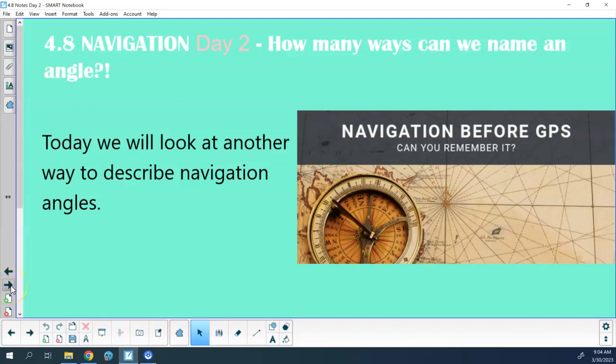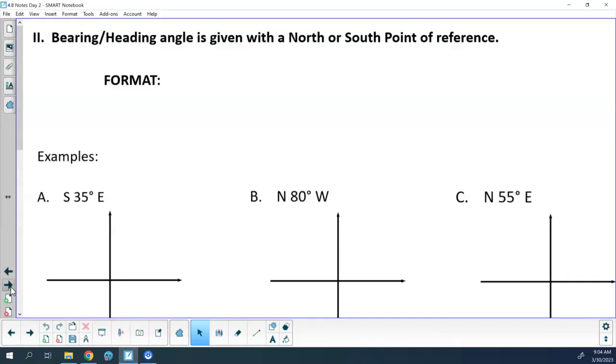So, looking at another way, this is going to be the fourth way to describe an angle, and that's with a north-south point of reference. This is in your note packet. I know we're jumping around in the note packet, we do things in different orders every year, and we didn't talk about it this year. So the format for this new way of saying it is what these three examples look like.